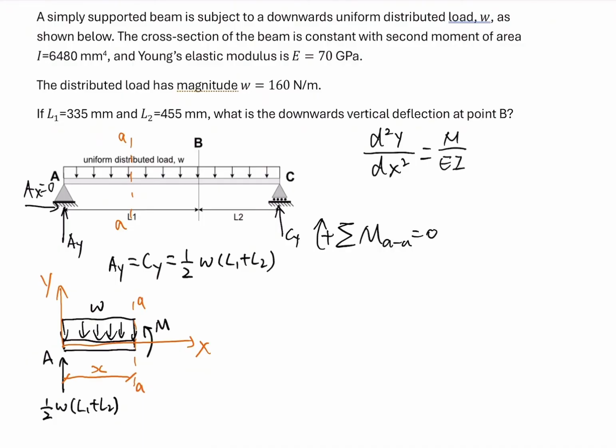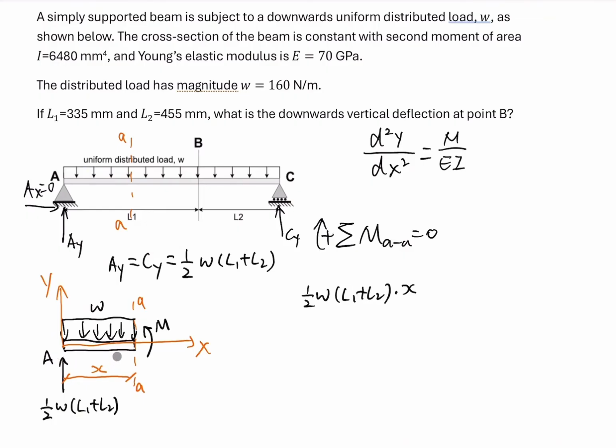Once we know that distance, we can write the bending moment from the reaction force, one half W times (L1 plus L2), times the lever arm x. This moment is clockwise, so it is positive.